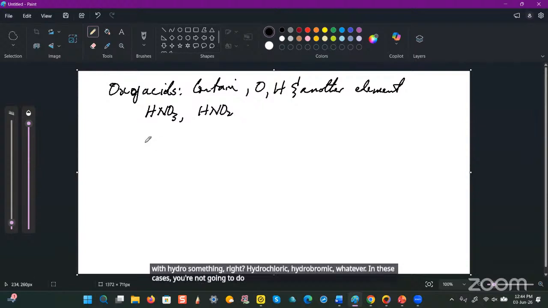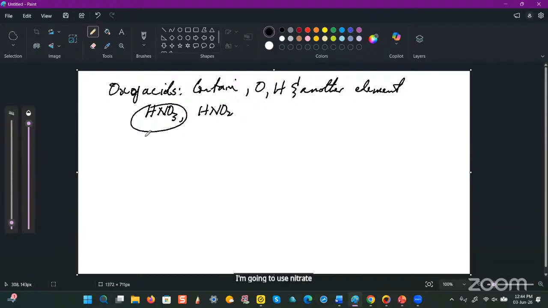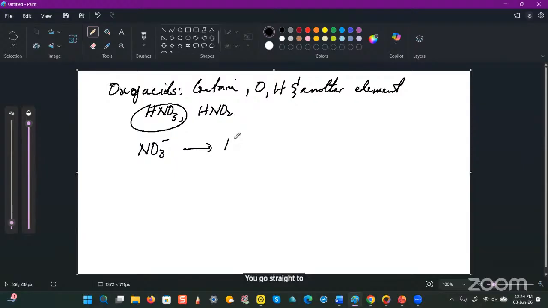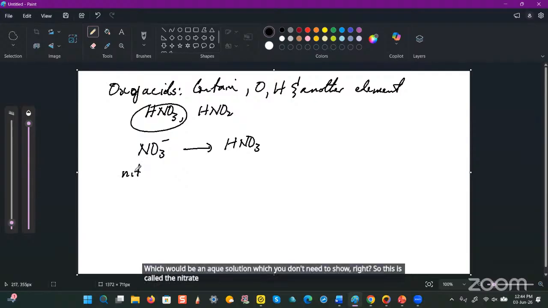All right. So what I'm going to do is use this acid, which is known as nitric acid. So the corresponding anion will be NO3 minus, right? And to get from here to nitric acid, in this case you won't have the formation of gas. You go straight to HNO3, which would be in an aqueous solution. So this is called the nitrate ion.